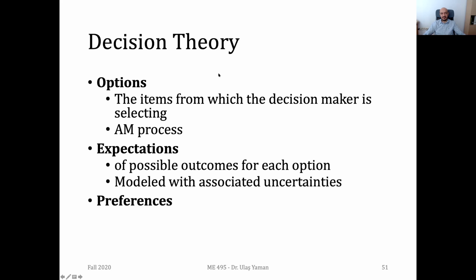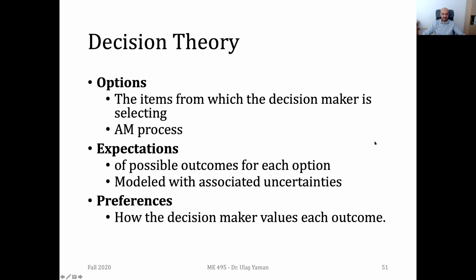In the decision-making software, we also need to have some uncertainties, since you cannot exactly say that one process is 50% better than the other one. We don't have such exact answers, so you always need to include some uncertainties in your expectations.